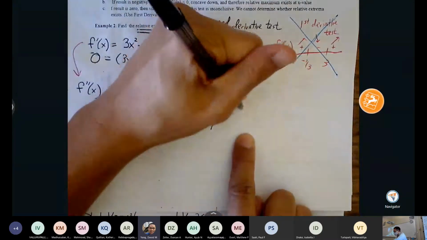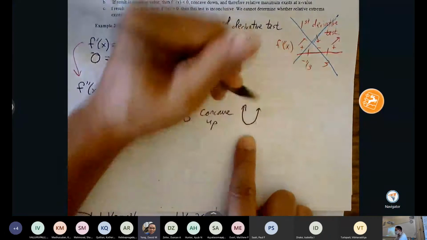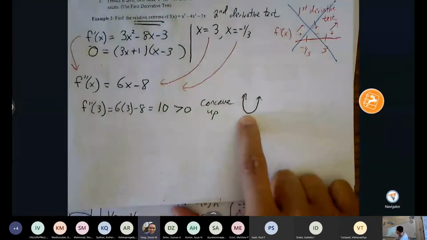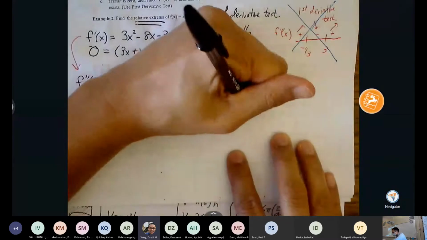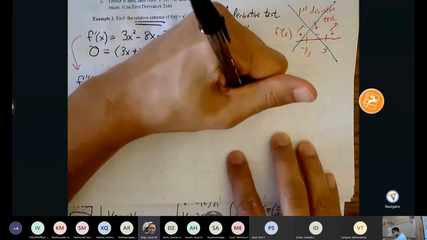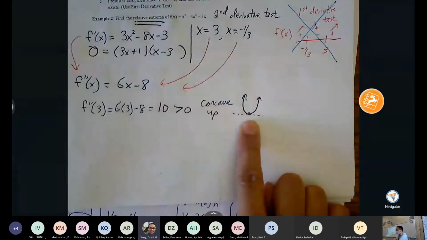Let's draw a picture to help us visualize what concave up looks like. We know that the point we just found has a slope of 0, so we must be staring at a point that is a relative minimum.